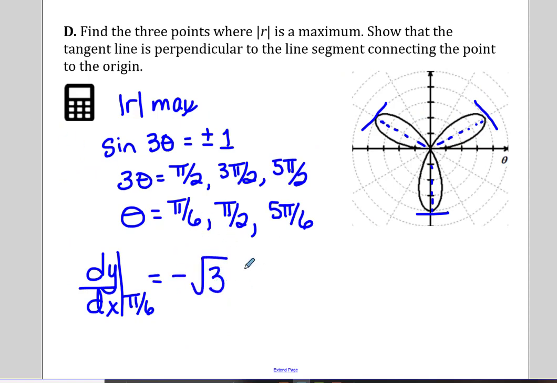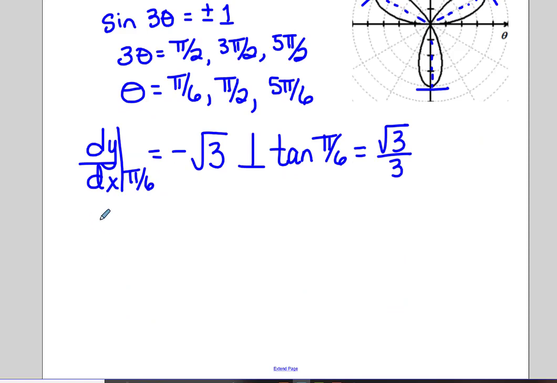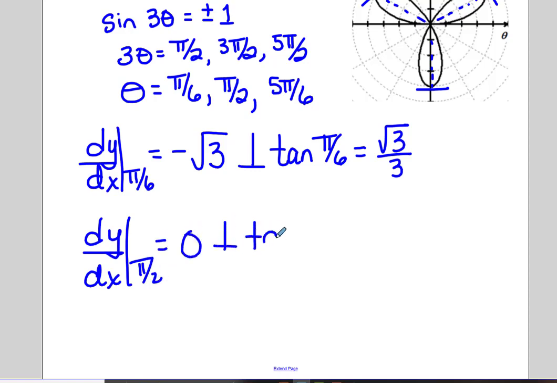I got the square root of 3, and that's the tangent at pi over 6. So the perpendicular slope would be radical 3 over 3. The second one, at pi over 2, dy dx, when theta is pi over 2, is going to be 0. So that's the tangent at pi over 2. If we have a 0 slope, the perpendicular slope would not exist.